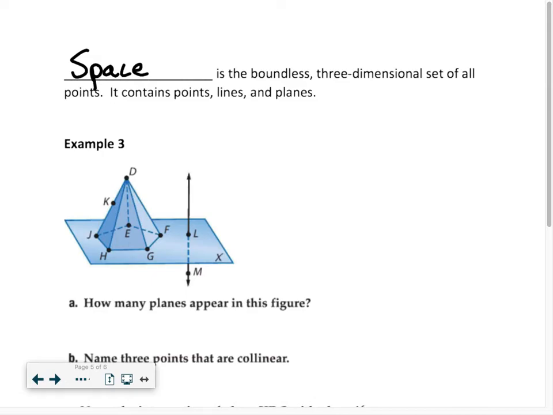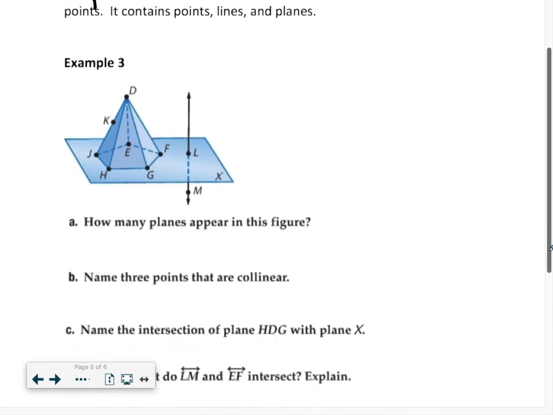Example 3. So here, how many planes appear in this figure? So here we're just counting the number of faces we have. So we've got this plane X. Okay, I'm going to use black. And then we've got this face of the triangle, or that triangular face. That's a plane. So this plane is 1. I'm going to make tally marks. That face, 2.